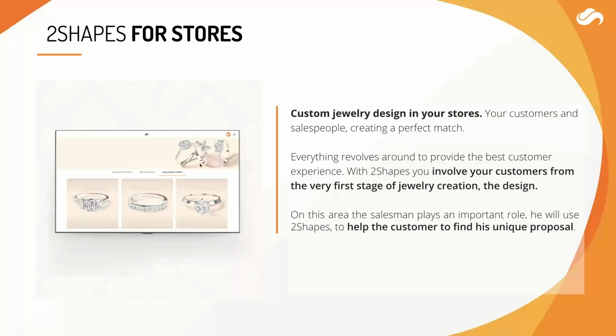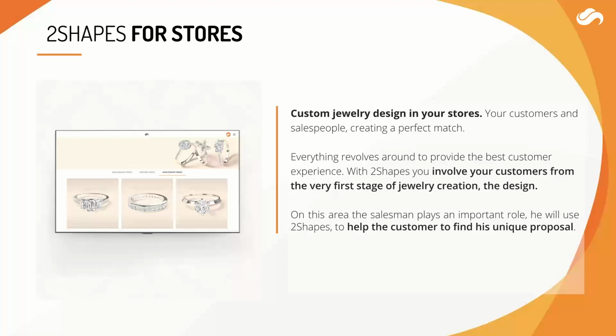As I told you before, we also have a part of this 2Shapes software that you can use in your store. What we want is that you have an iPad and a big screen in your store, and then you can customize with the customers. The idea is that the salespeople can design with the customers to find their unique proposal.